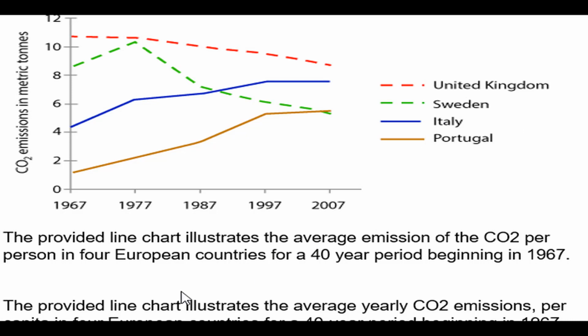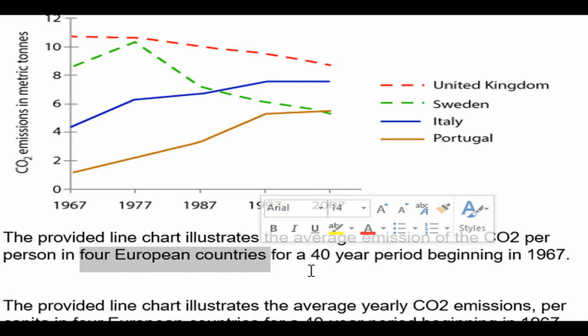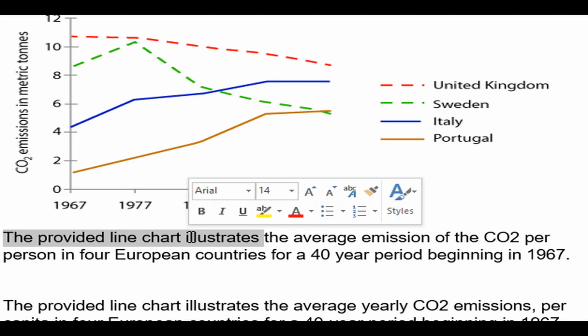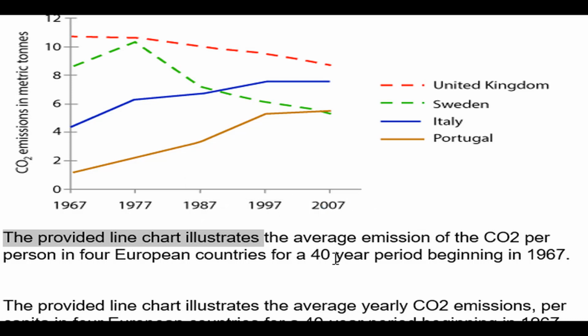The country names have been replaced by this phrase, 4 European countries. That's fine. The 40-year period beginning in 1967, that's fine. The provided line chart illustrates, that's okay. We can use that. We might not even actually need to use all these words.